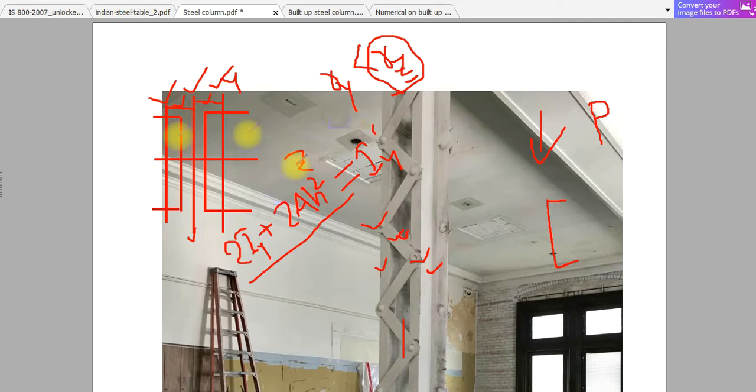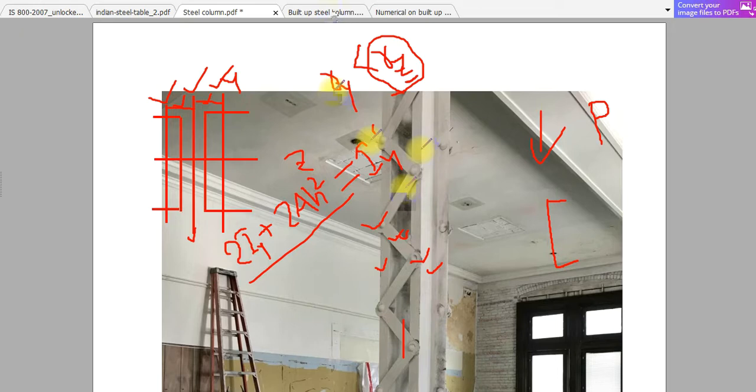We have to maintain that the radius of gyration about the y-axis will be at least equal to rz. That means the moment of inertia about the y-axis will be at least equal to the moment of inertia about the z-axis. That means Iy dash can be more than or equal to Iz dash. Okay, so you should be careful about that point.